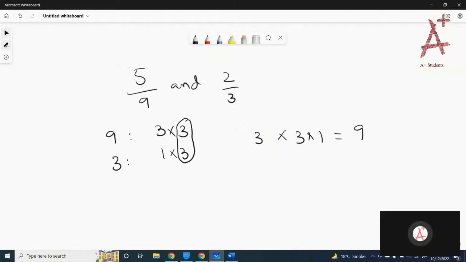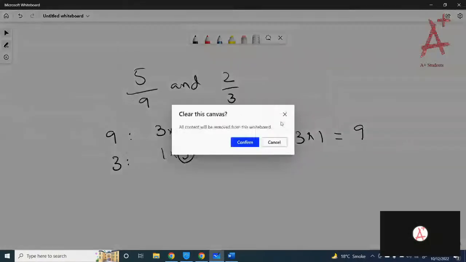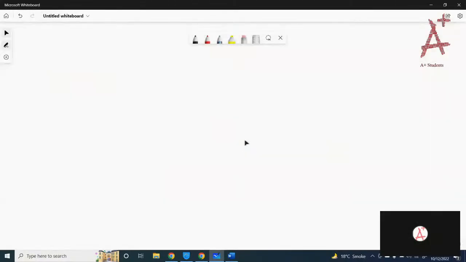Okay, the next one is, what is the least common denominator of 1 by 4 and 1 by 2? Write the prime factors of both the denominators.